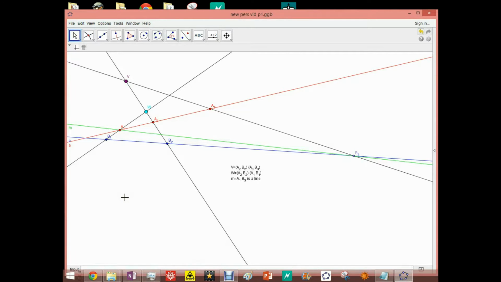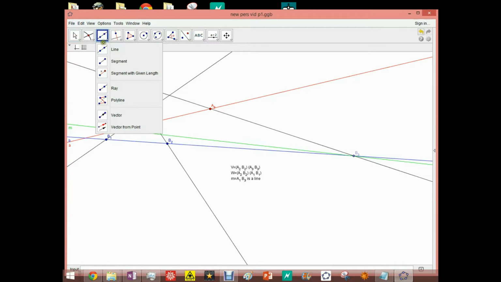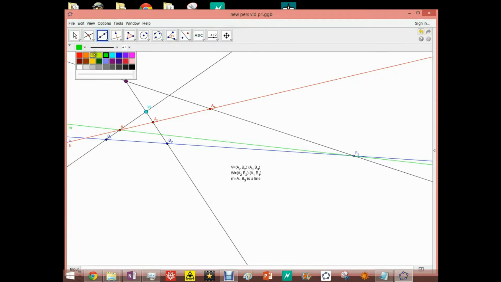Okay then, so let's do our projection from this red line to this green line M. So we'll get some lines. And we can do like so.